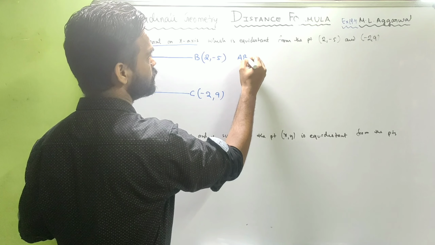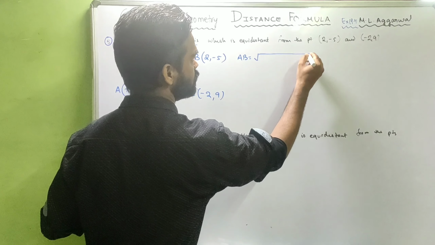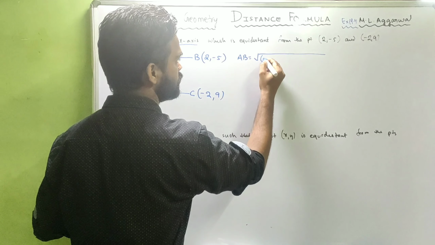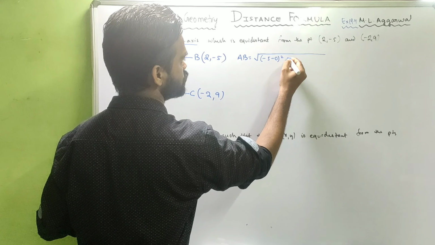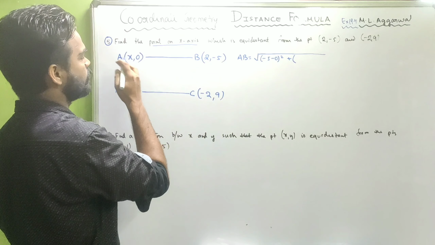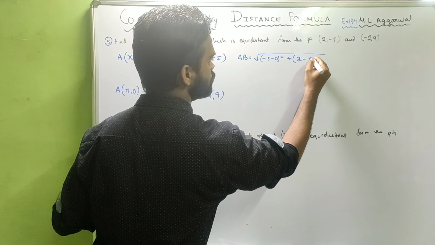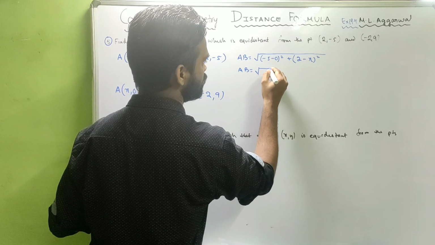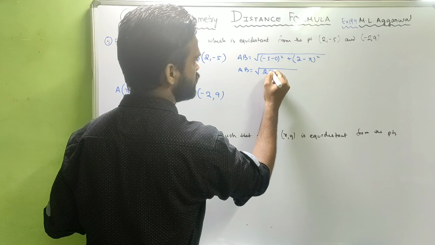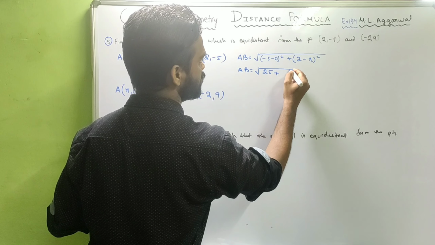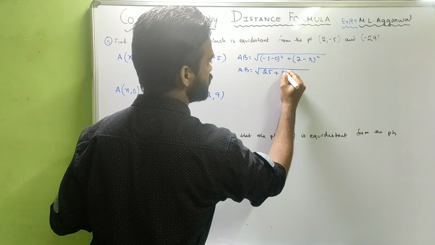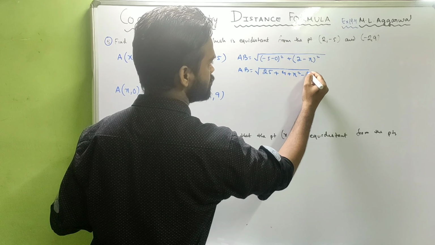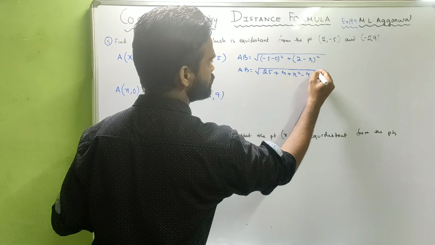Look over here. AB is what? Root of y2 minus y1 whole square, that's (-5 minus 0) whole square, plus x2 minus x1 whole square, that's (2 minus x) whole square. So your AB will be root of (-5) square, that's 25, plus, and this is a square plus b square minus 2ab, isn't it?